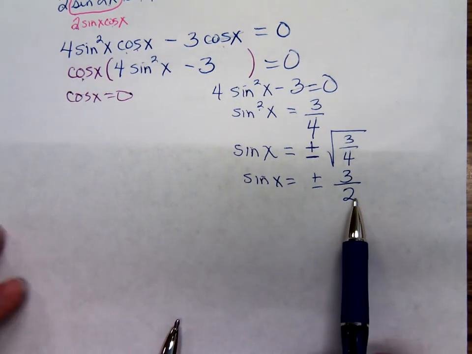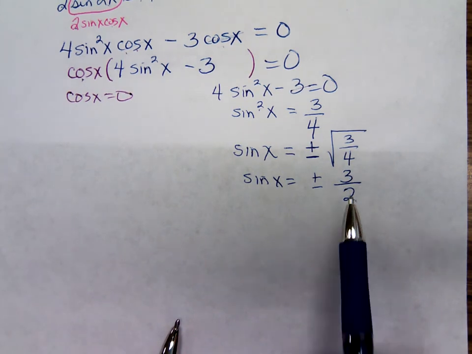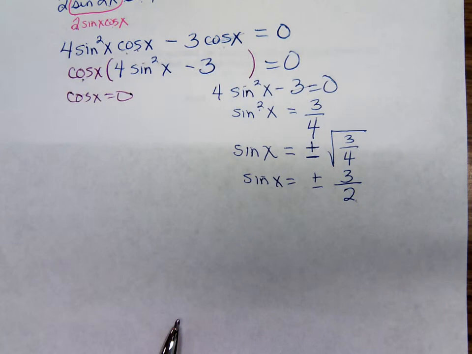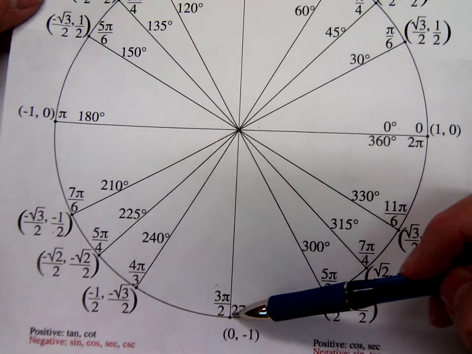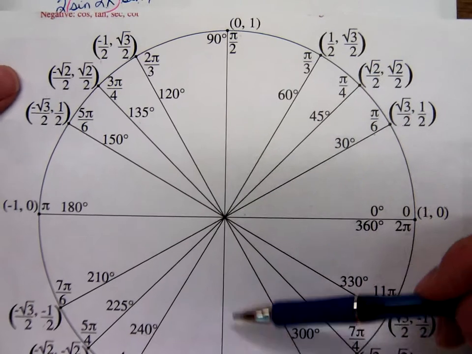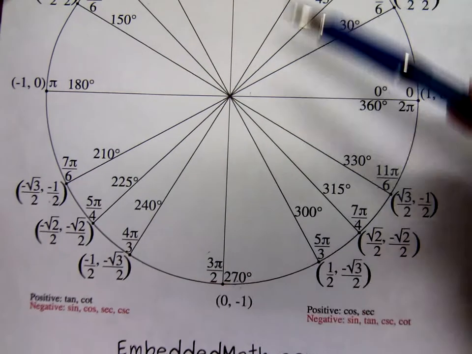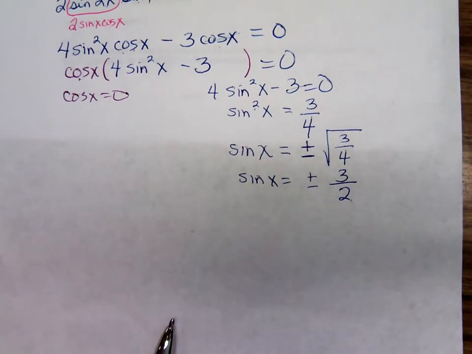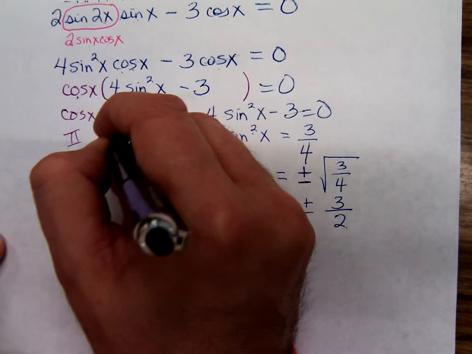And where is sine positive and negative square root of 3 over 2? So cosine is 0 at pi over 2 and at 3 pi over 2. So purple solutions: pi over 2, 3 pi over 2.